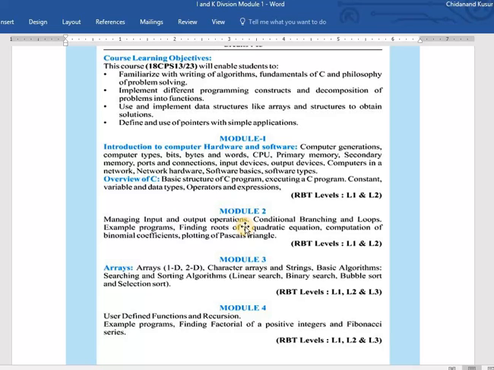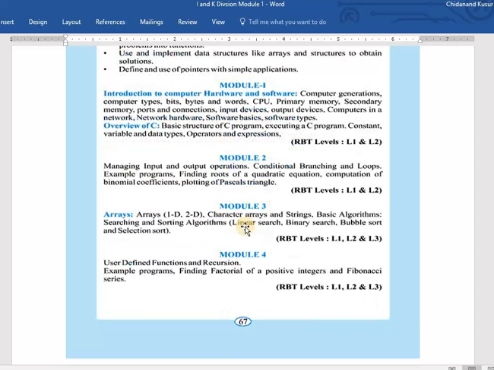I hope you are getting the things. Once you complete the first internal, again the classes begin. The remaining part of module 2 and module 3 and 50% of module 4. Then accordingly you are going to face a second internal.